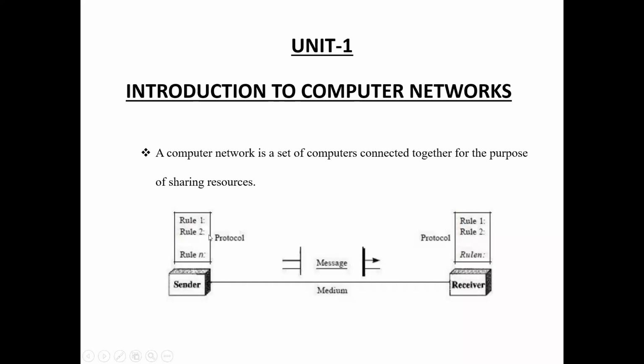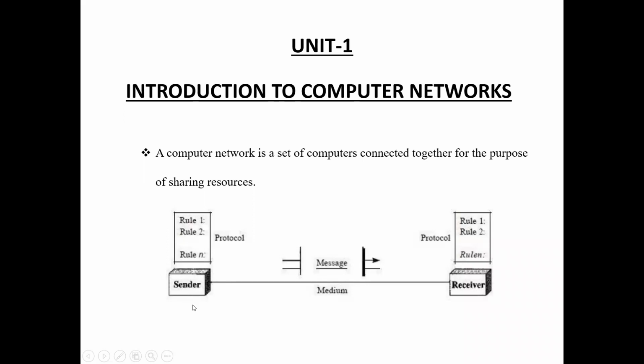This diagram represents data communication. A data communication system has 5 components. First one, message. The message is the information to be communicated between sender and receiver. Next, sender.